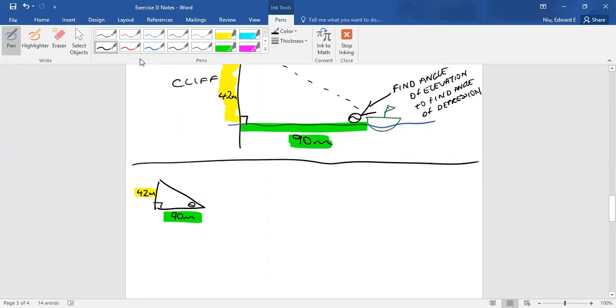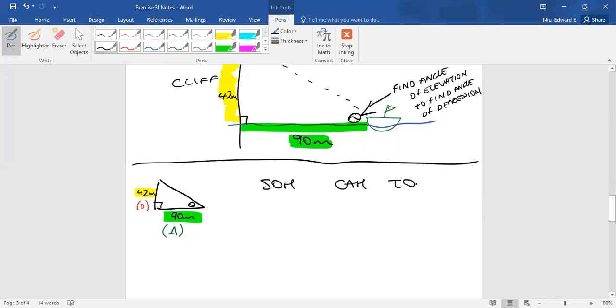This is our side that's small and furthest away from the interior angle, which is called the opposite. This 90 side is not the long side, but one of the shorter sides, and it's touching the interior angle, which means it must be the adjacent, because adjacent means next to the angle.